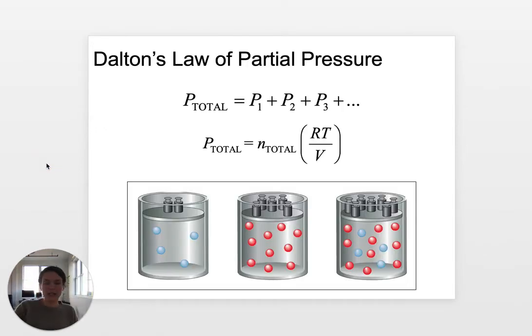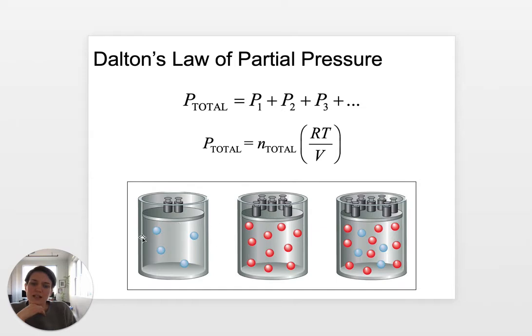Okay, another law that we're interested in is called Dalton's Law. So Dalton's Law, I think it's a pretty simple principle, but the applications can be a little challenging to wrap your head around. So what Dalton's Law of partial pressure says is that the total pressure of a chamber is going to be equal to the pressure exerted by each of the gases.